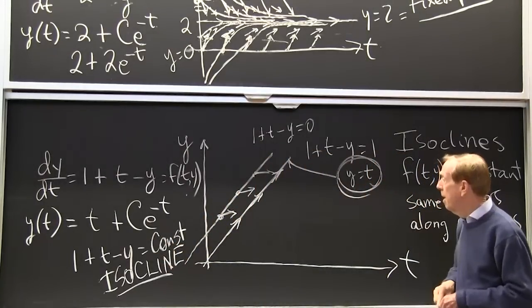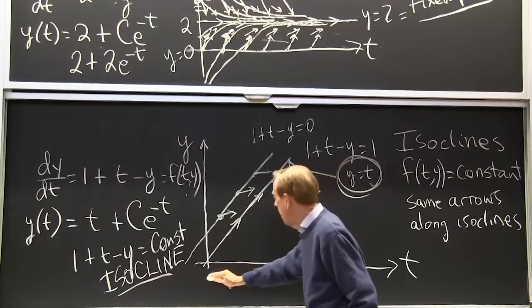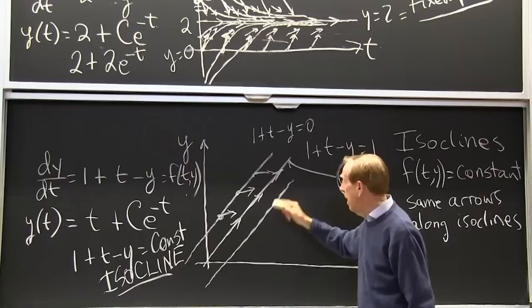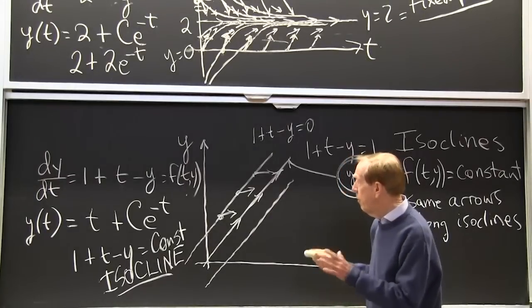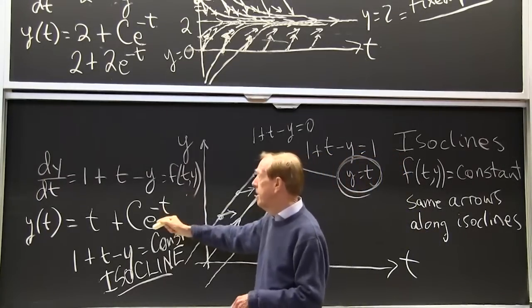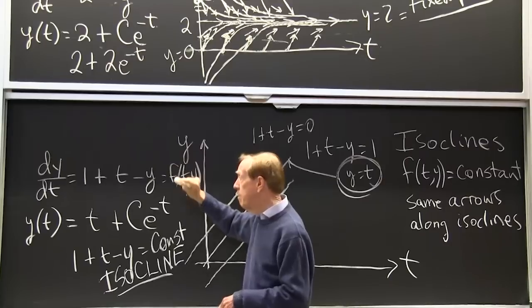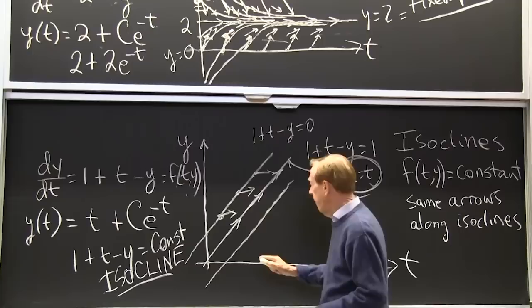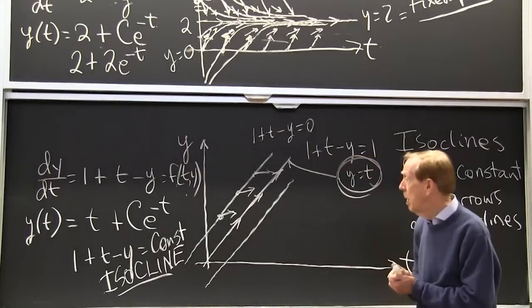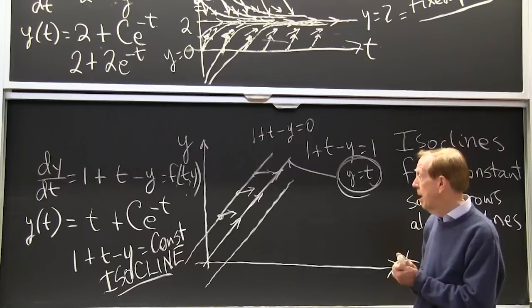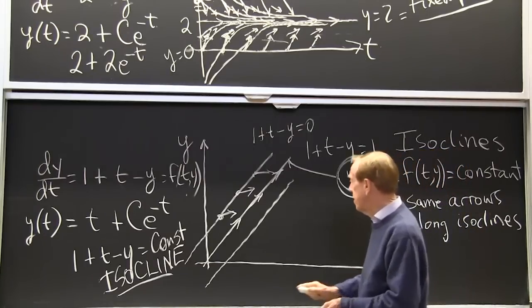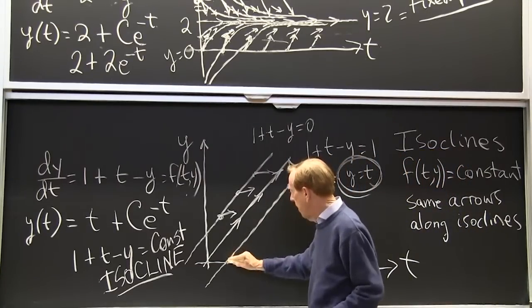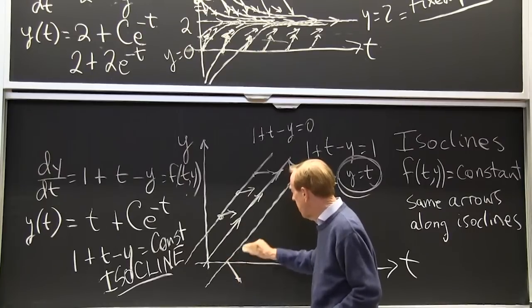Now, what about a line with 1 plus t minus y equal to minus 1? If f is minus 1, the slope is negative. So at points on this line, the slope is going downwards.